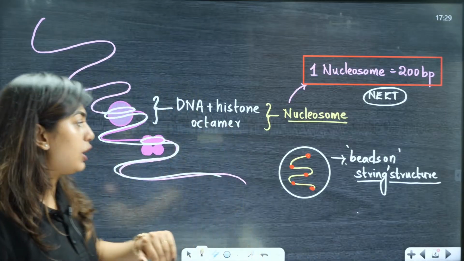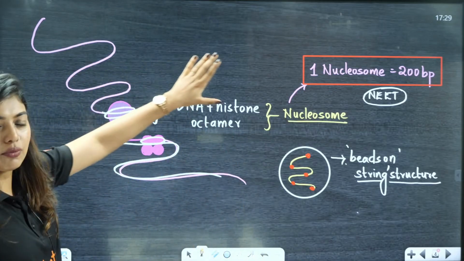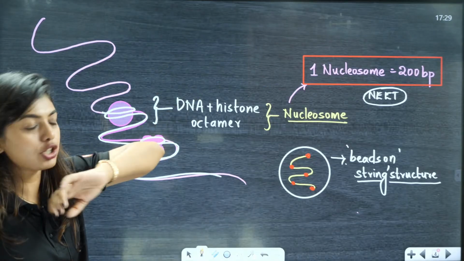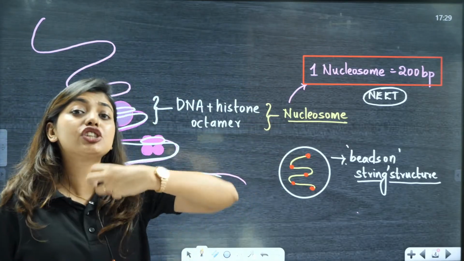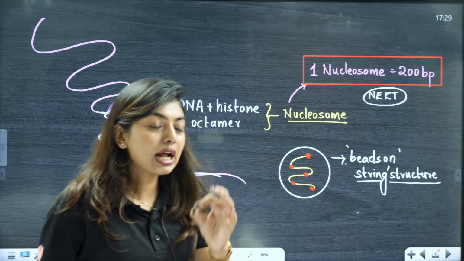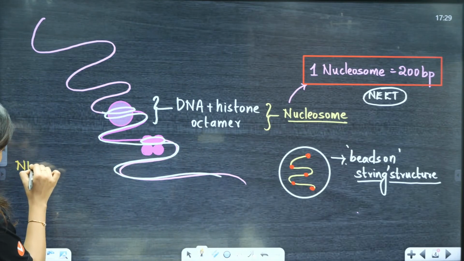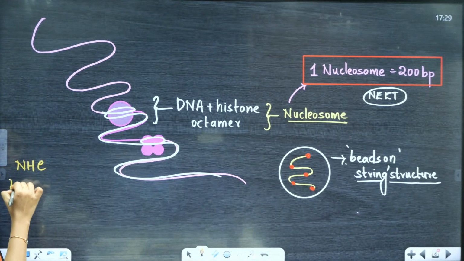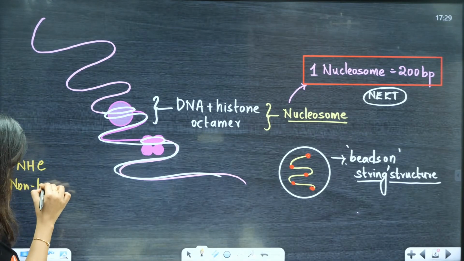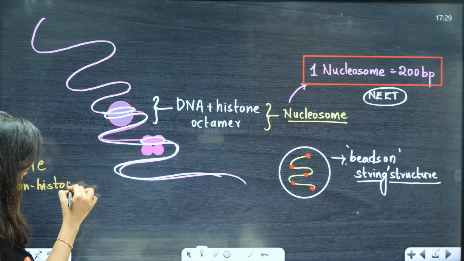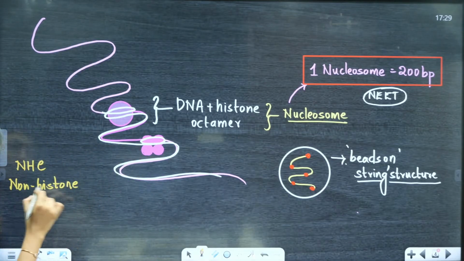So here it happens, look, this one nucleosome of 200 base pairs is understood. Now students, sometimes we need one additional help. So that time we are going to use NHC, that is non-histone chromosomal proteins. They are not part of the histone proteins, we already understood.